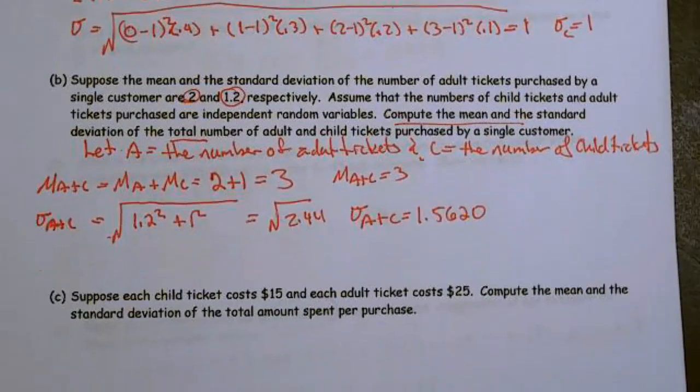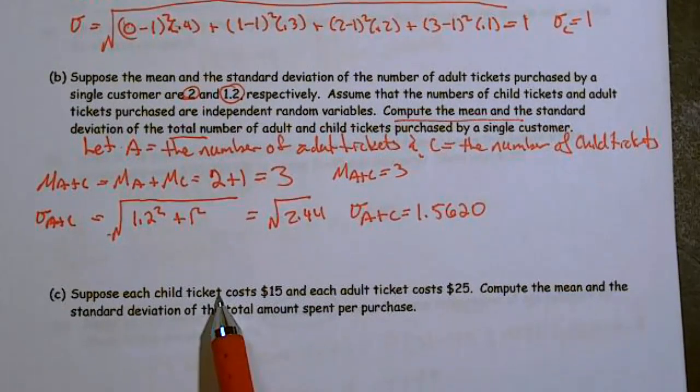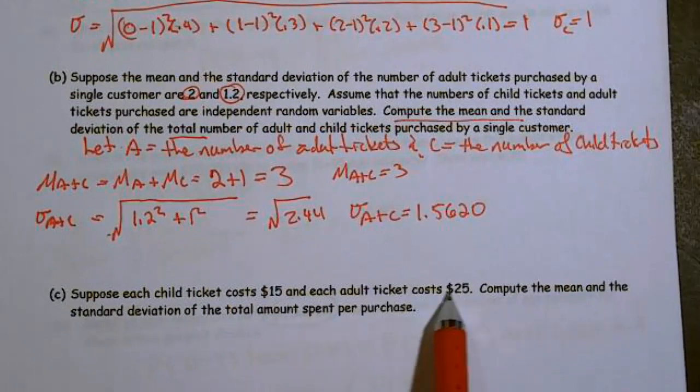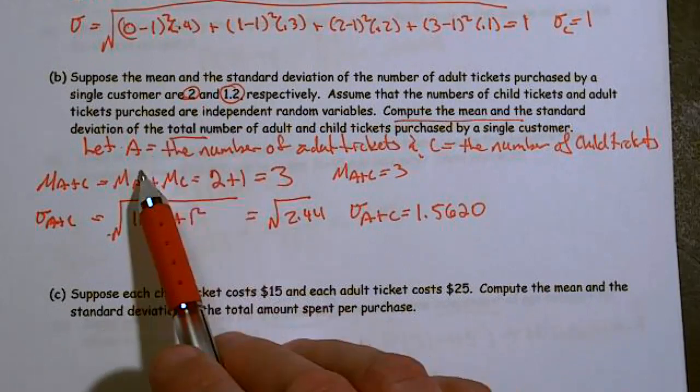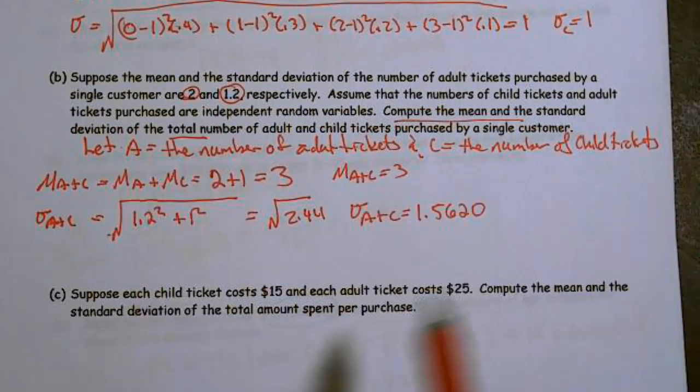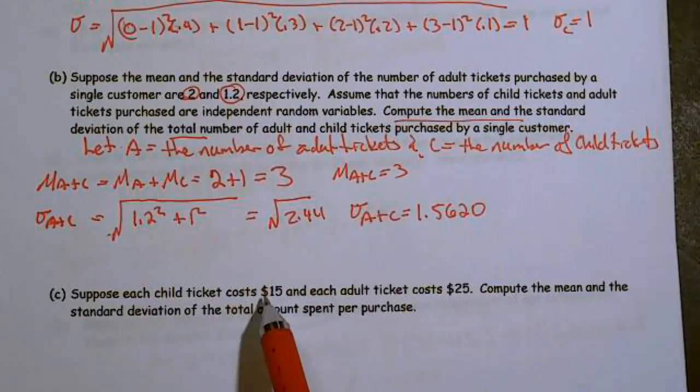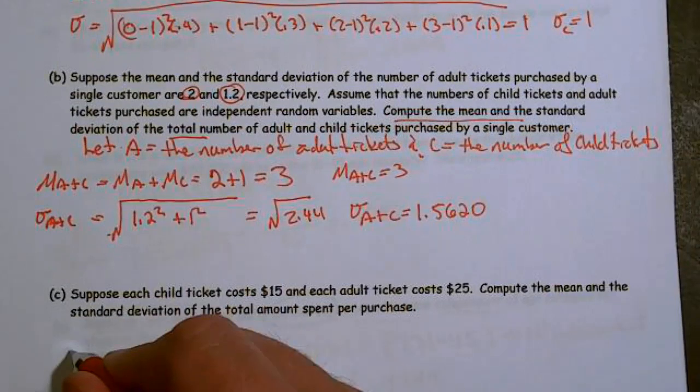Then it says, suppose each child ticket costs $15 and each adult ticket costs $25. Compute the mean and standard deviation. Well, we've already defined adult and child, so I'm not going to do that again, because once you've defined it once, you don't need to do it a second or third time. So how many adult tickets? Well, we're expecting to sell 2.